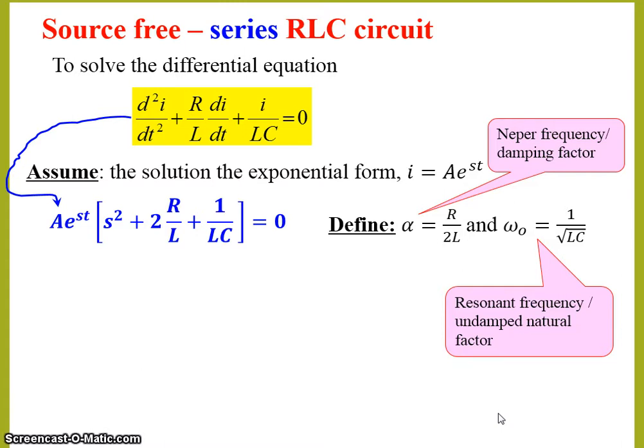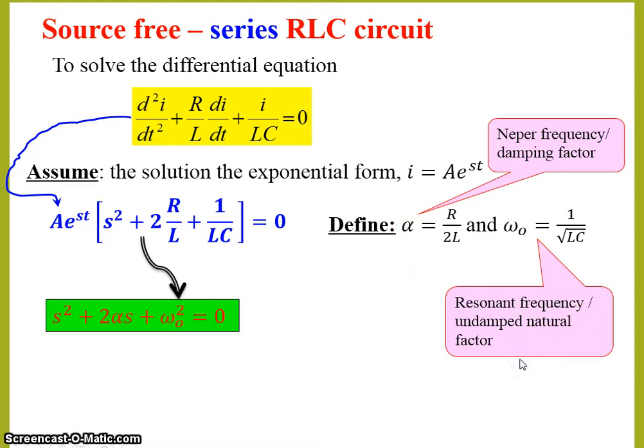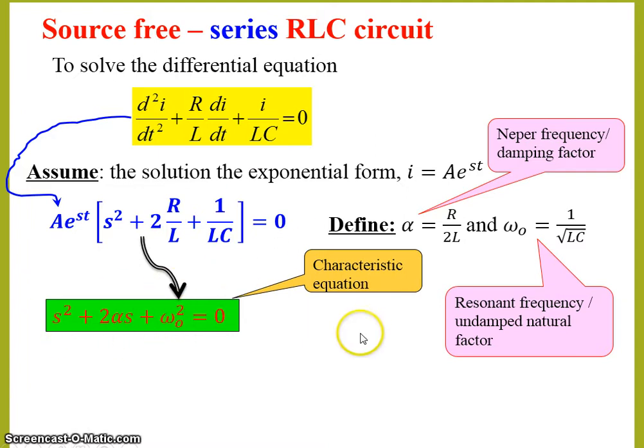Later we'll get into why it is called a Neper and why it is said to be a resonant frequency once we discuss this topic again in the session. Otherwise, you can dig into this concept and collect the information about it: what is a Neper and what is the resonant frequency? This is called the characteristic equation after substituting alpha and omega naught.